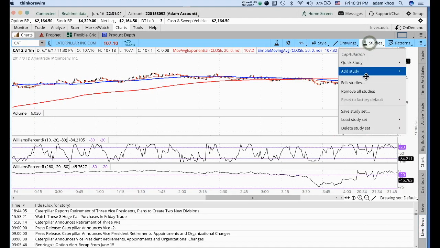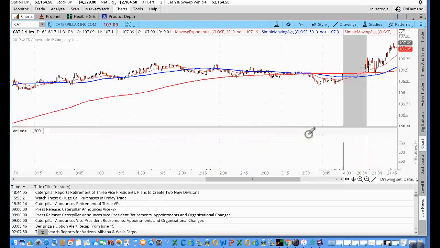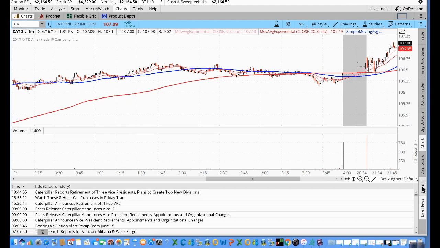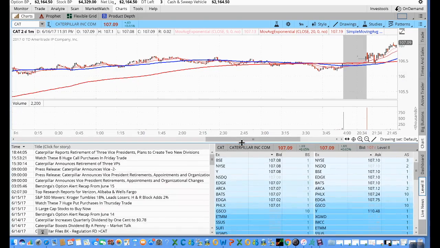Let me just go to one of my studies. Level 2. Level 2 is something we do for intraday scalping. Let me bring it up over here. Level 2 basically means market depth.